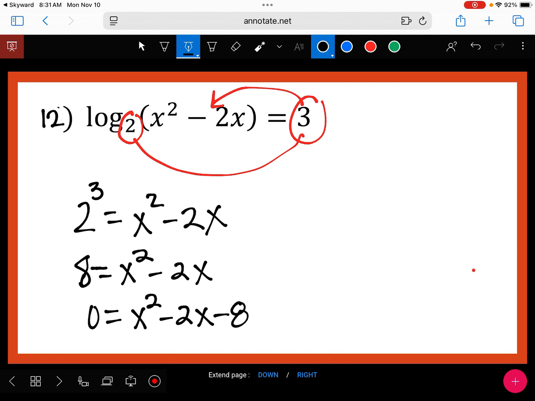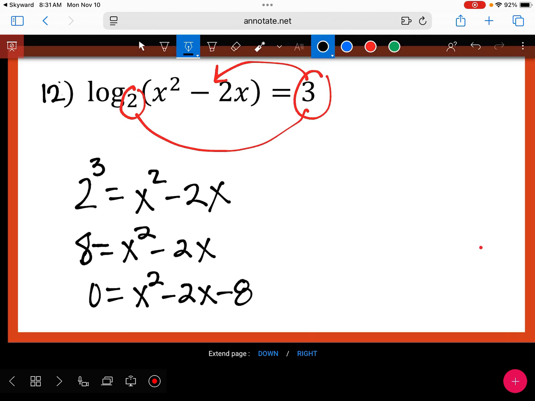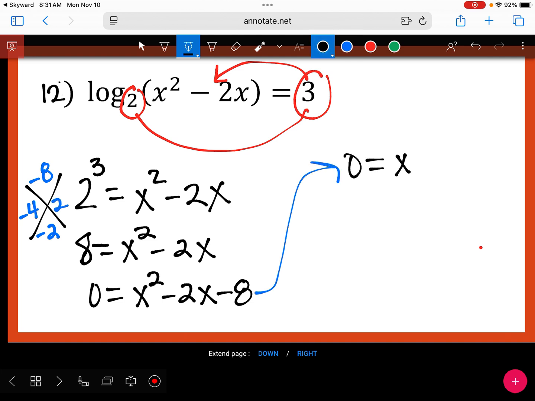So we need to find two numbers. They have to multiply to be negative 8 and add to negative 2. So that would be negative 4 and 2. So this is going to factor down to 0 equals x minus 4 and 0 equals x plus 2. So my two possible solutions are x equals 4 and x equals negative 2.